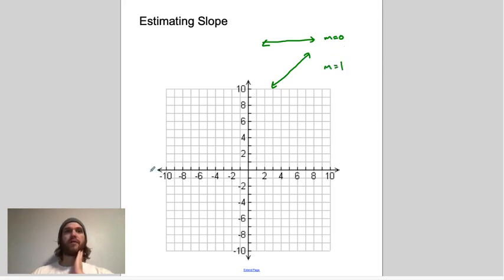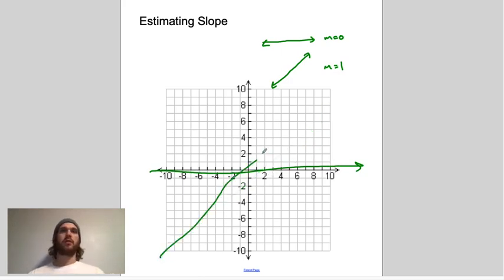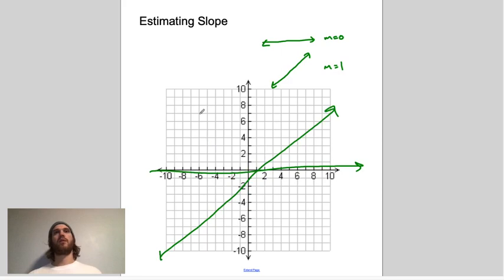So on a graph, here's my slope 0, here's my slope 1, but really these could be anywhere on the graph. They don't have to pass through the origin. So that's kind of slope 1, and that is slope -1. You can kind of see that. So here's slope 0, this is slope 1, this is slope -1. Anything that is steeper than this one is going to have a slope bigger than 1.